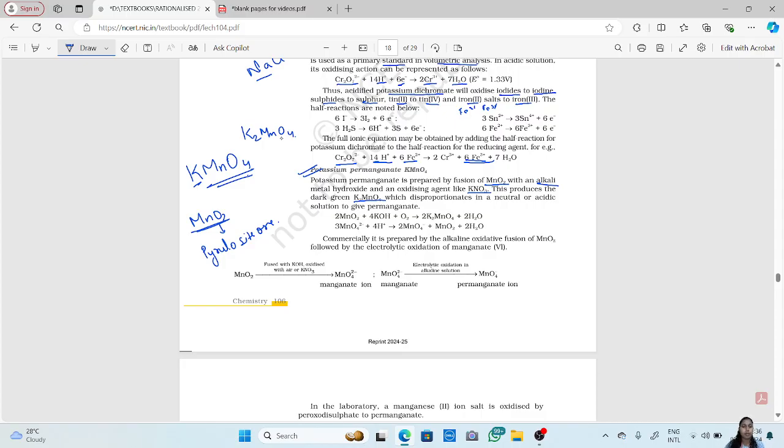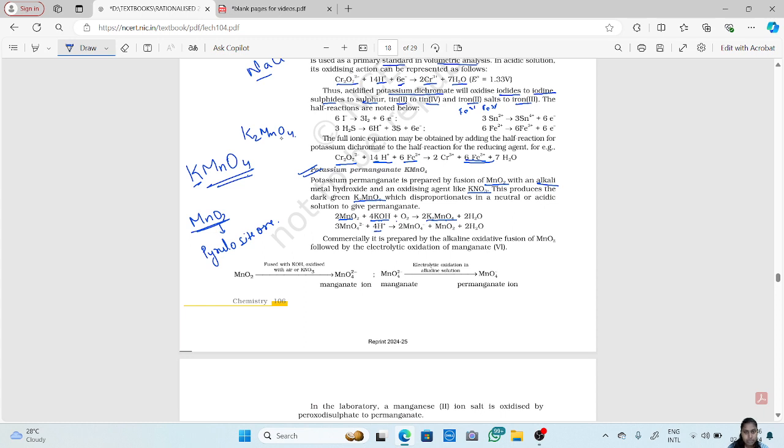So first, we have to take the MnO2 ore. To that we have to add an alkali hydroxide, that is KOH. Here we have taken KOH. In presence of oxygen, we get K2MnO4, a dark green colored solution. Now to K2MnO4, we have to add an acidic solution.